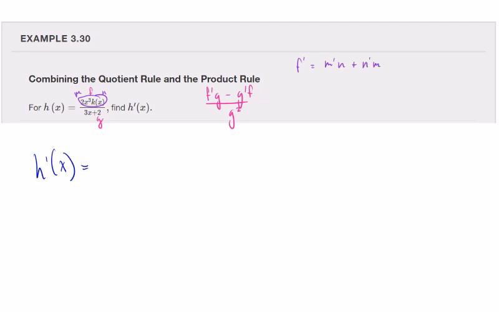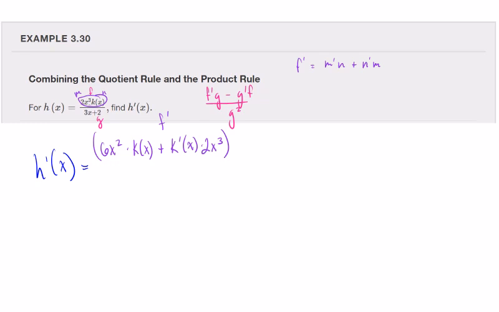Okay, so m prime, the derivative of 2x cubed, is going to be 6x squared, and then we'll just multiply by k of x, plus now we're going to have the derivative of n, which is k prime of x, and then regular m, which is 2x cubed. Okay, so that whole thing is f prime.